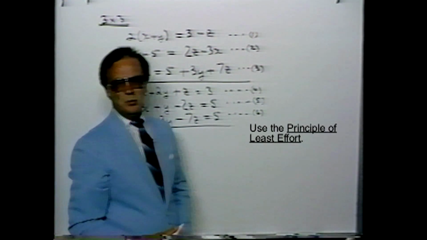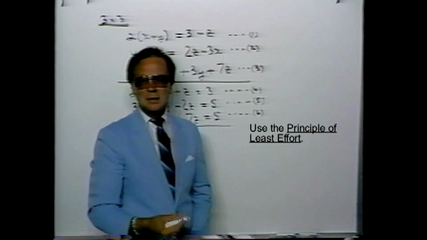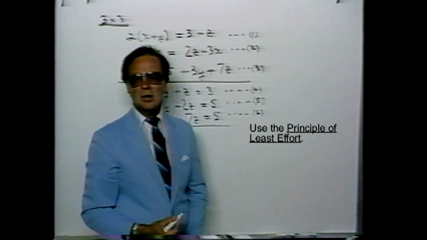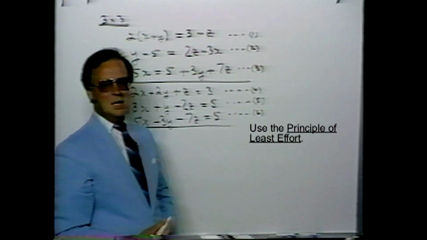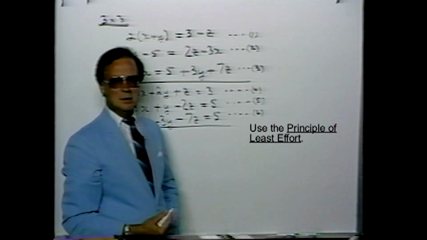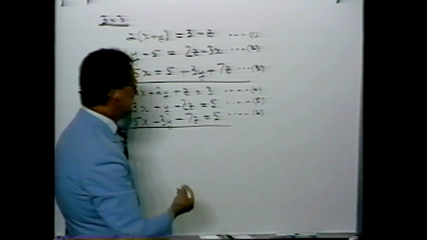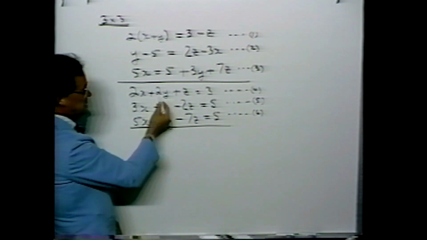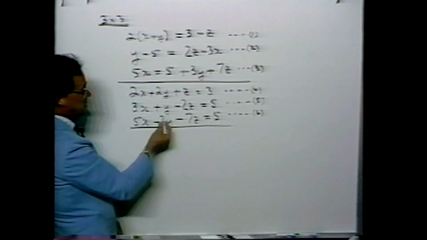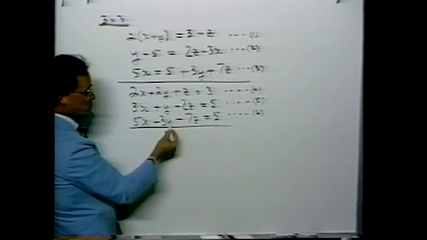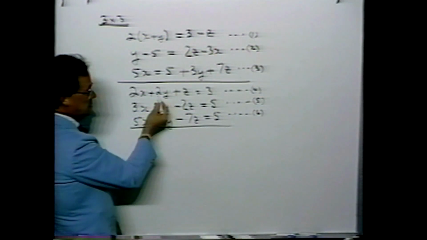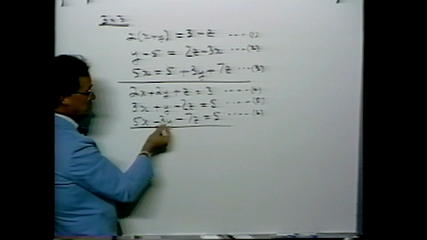The variable we want to get rid of or eliminate out of the system is called the eliminant. And the way we decide which variable will be the eliminant is to look at the coefficients of a given set of variables. For example, if we look at the coefficients of y, the numbers involved are 2, 1, and 3.